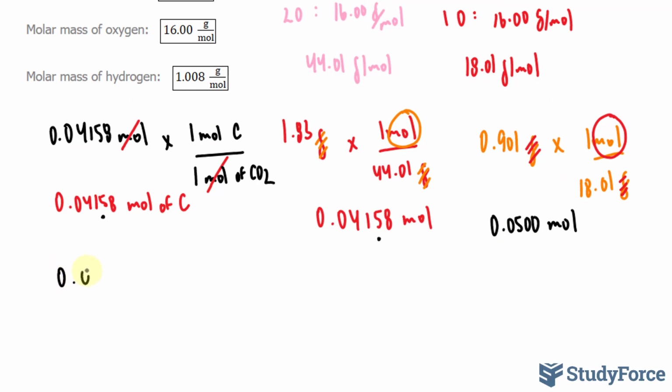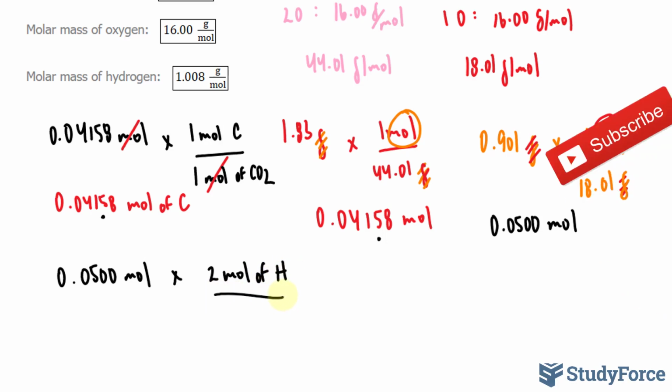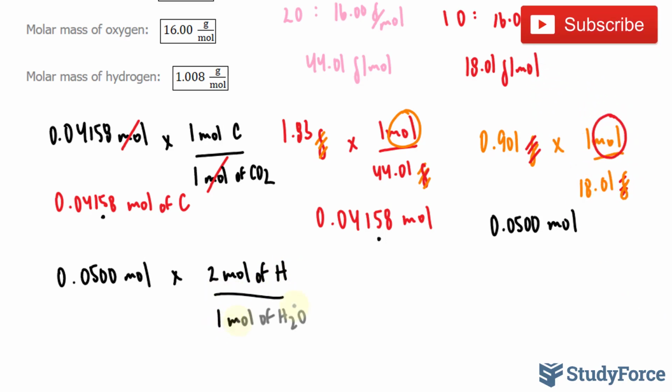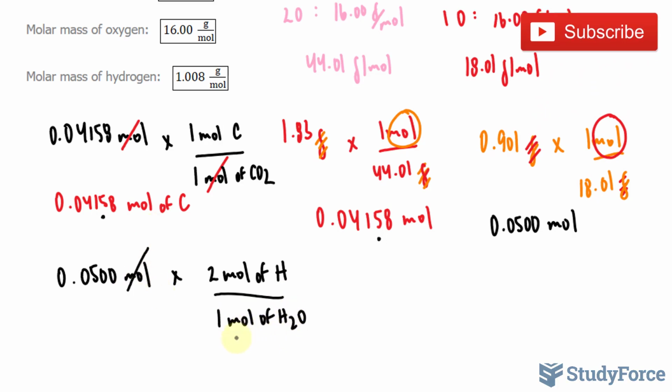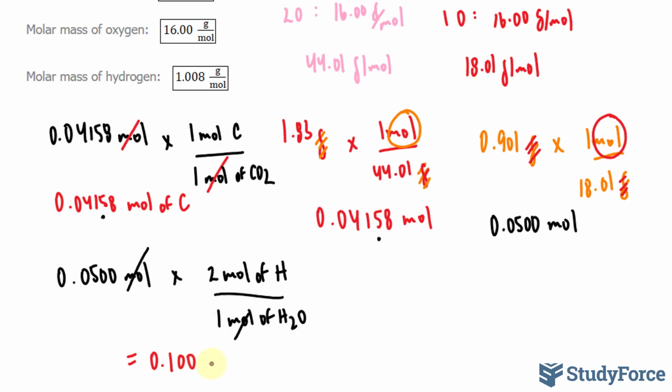I have 0.0500 moles of H2O times 2 moles of hydrogen found in H2O within 1 mole of H2O. The mole units cancel out, and I'm left with 2 times 0.05. And this equals 0.100 moles of hydrogen. I'll highlight these two numbers, this one and this one.